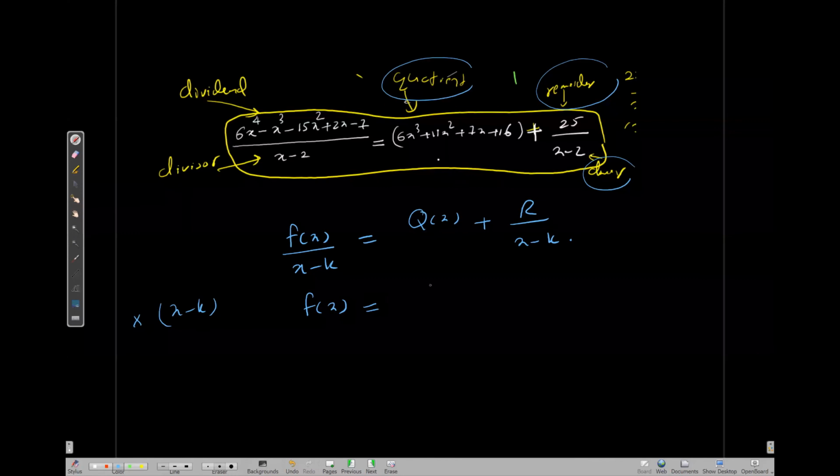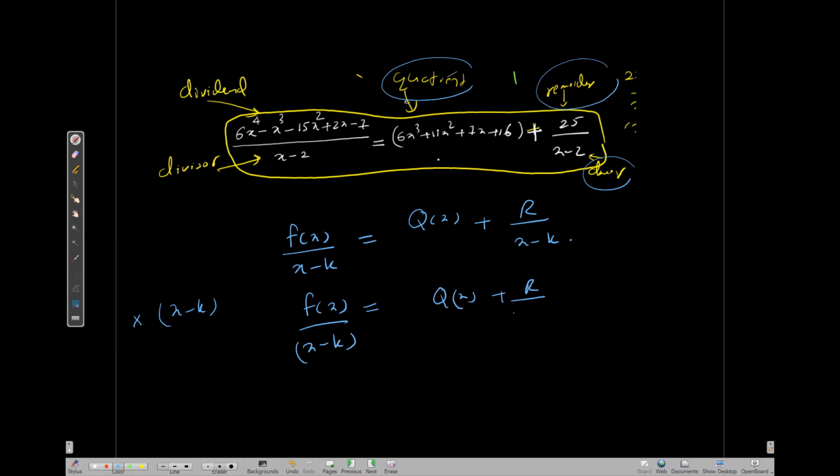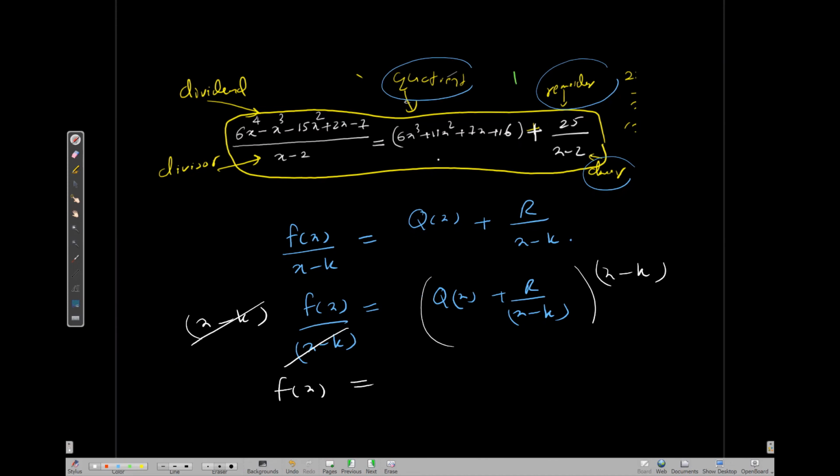So f of x is going to be, distributing, q of x times x minus k plus r over x minus k times x minus k, so it will cancel again.